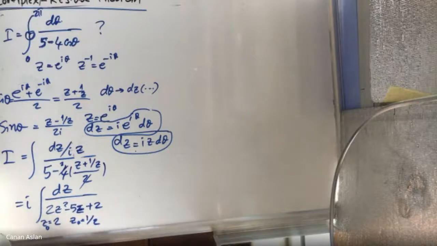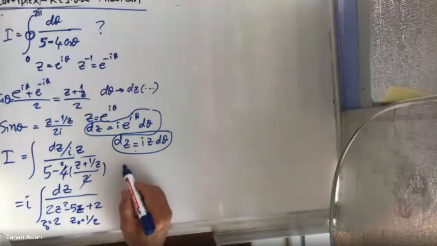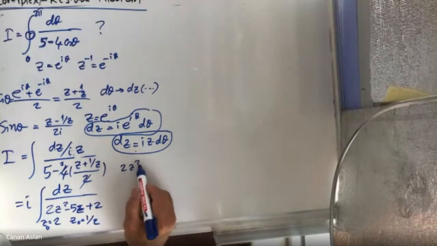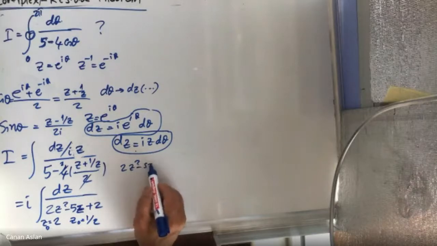How can we get this? We can get the roots of this function very simply because it's 2z squared minus 5z plus 2.